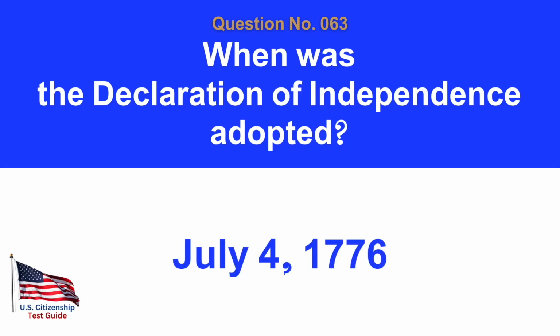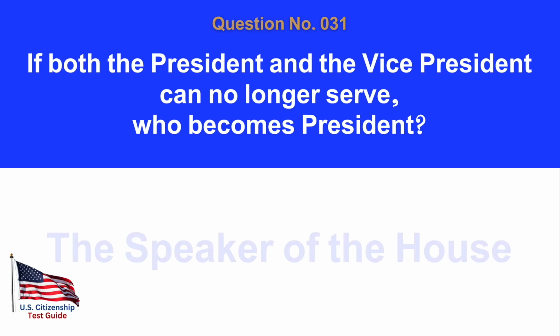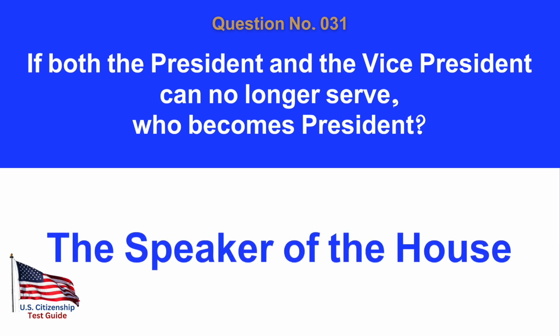July 4, 1776. If both the president and the vice president can no longer serve, who becomes president? The Speaker of the House.